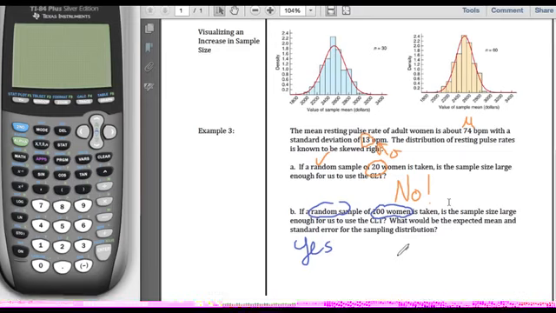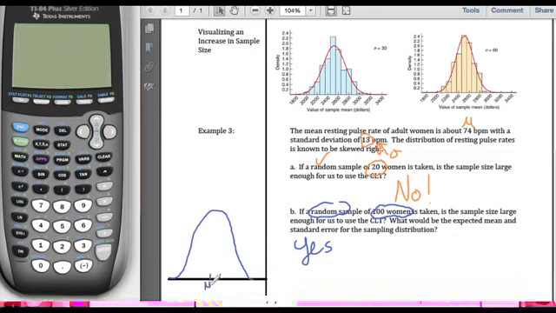Well, right off the bat, because the central limit theorem conditions are met, I know that my sampling distribution should be approximately normal. Focusing in on mu, which I know is 74, my expected mean is right in the middle, at 74.